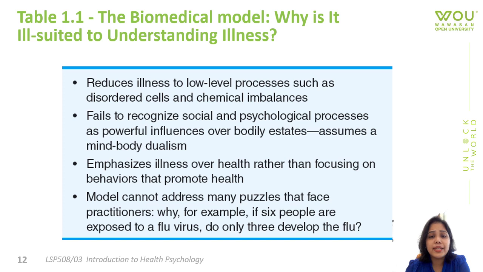That means it looks at illness as an imbalance in chemicals, or a disordered cell, so it doesn't explain illness further. It fails to recognize social and psychological processes as powerful influences over bodily processes. It relies on mind and body dualism, which means the mind and the body are separate, which is not the reality of how illnesses work. And it emphasizes illness over health, rather than focusing on behaviors that promote health.